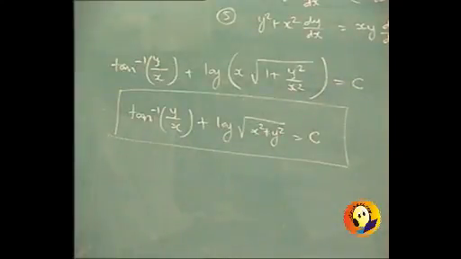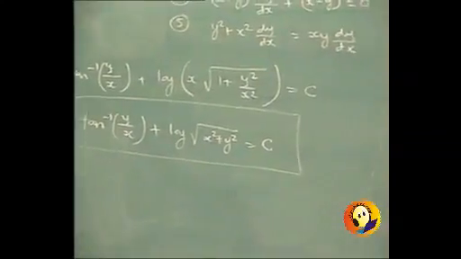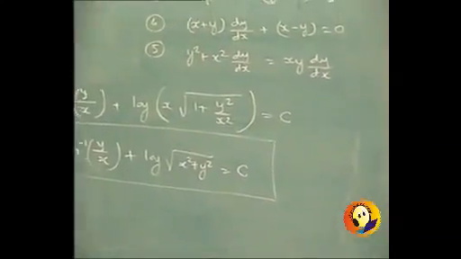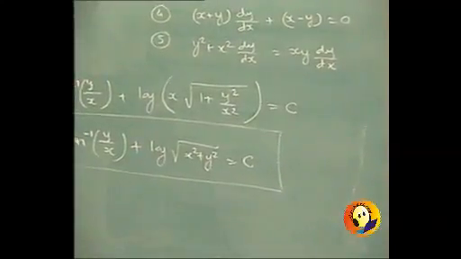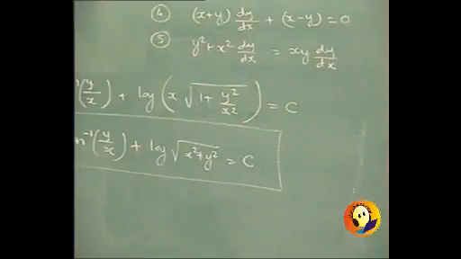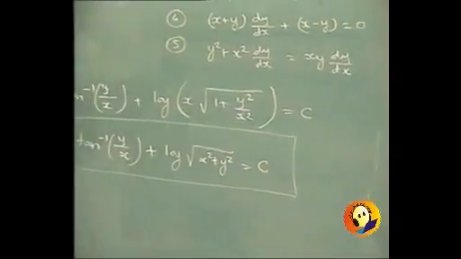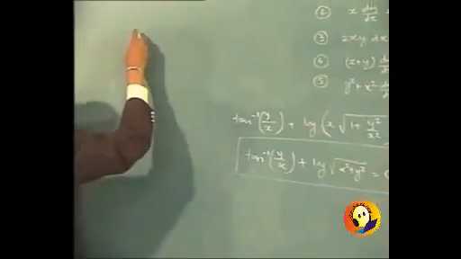And lastly, the problem number 5, which is homogeneous of degree 2. The given problem is (y square plus x square) dy by dx equal to xy dy by dx. You will have to collect all the dy by dx terms on one side.